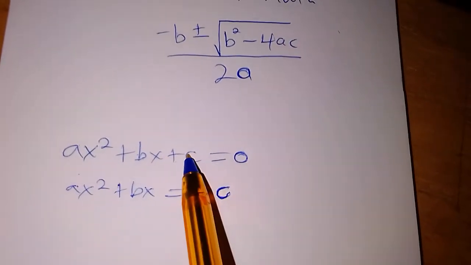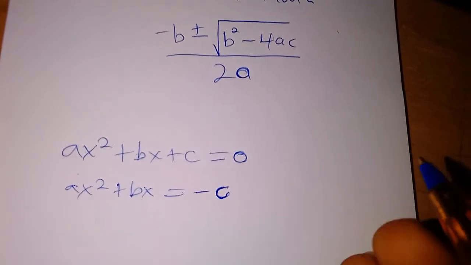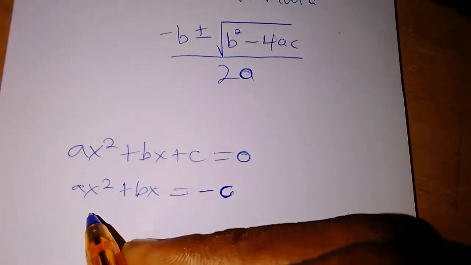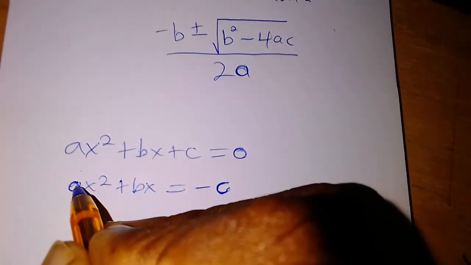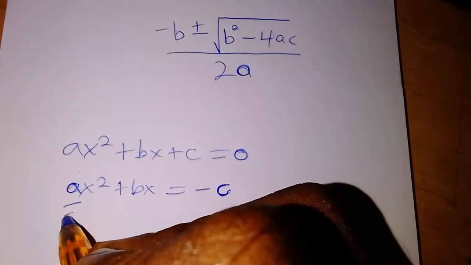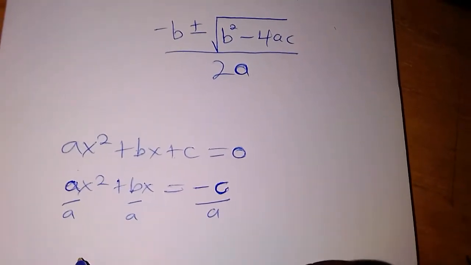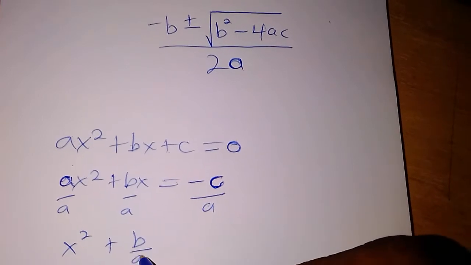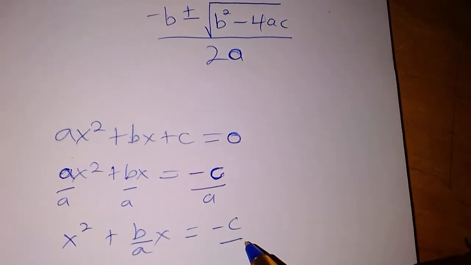The next step is to divide through all the terms by the coefficient of the x squared, which is a. So here by a, here by a, then here by a. So we get x squared plus b over a x equal to minus c over a.